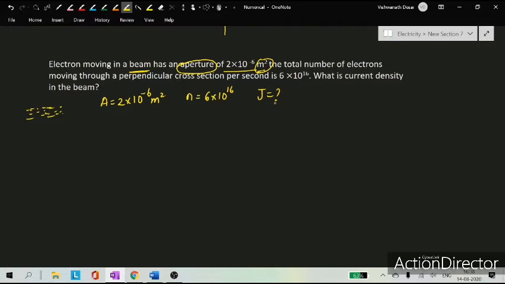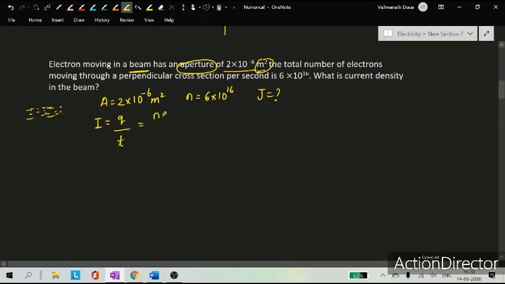We can use it, but do you know the value of I? We don't know the value of I. So we can calculate I by using the basic formula of current, which is Q divided by T. According to the quantization rule, it is N into E divided by T. The value of N is given, and E is known to us: 1.6 into 10 to the power minus 19.